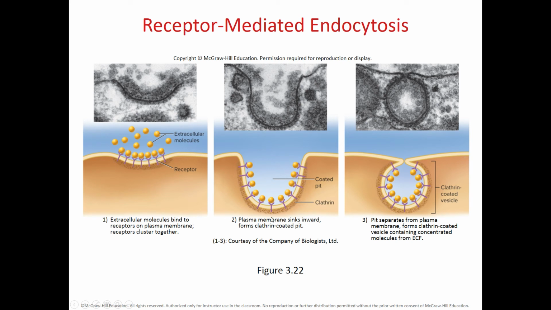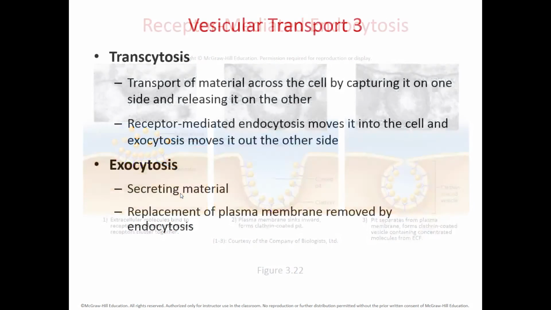It forms this pinching, or sinking, of the plasma membrane inward, and then you coat it with the protein called clathrin, and this vesicle will pinch off from the plasma membrane. Then you use these molecules, and once these receptors are empty, they are returned back into the plasma membrane to catch more extracellular molecules if they are needed.